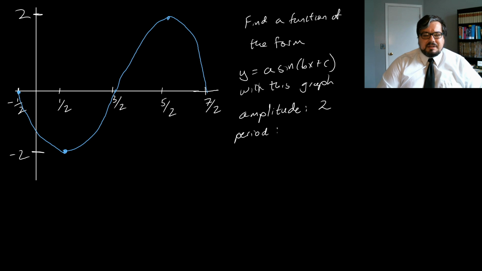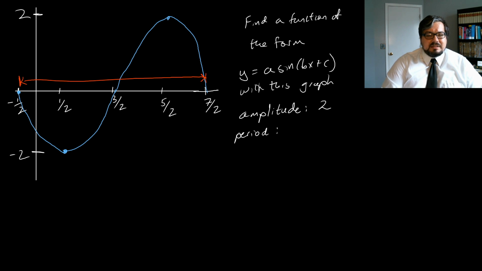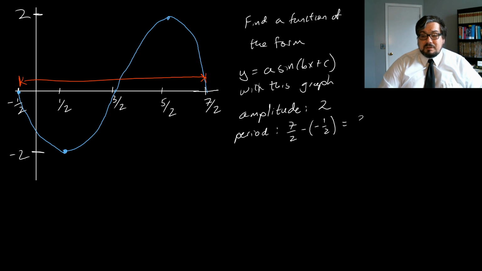We know the period of this graph: it's from -1/2 up to 7/2. So the period of this function is 7/2 minus -1/2, which gives us 8/2, which is 4. So the period of this graph is 4.